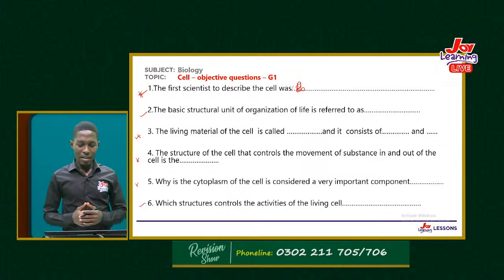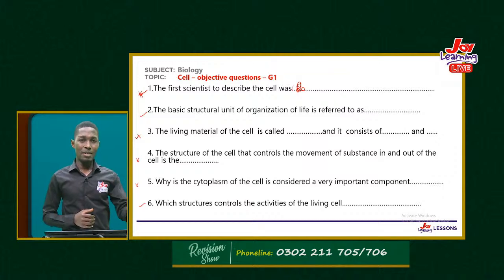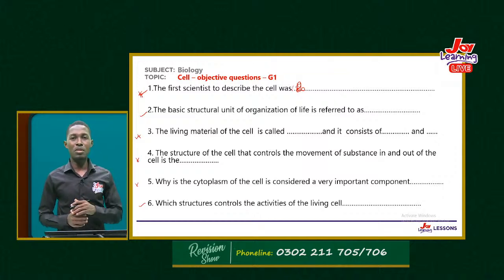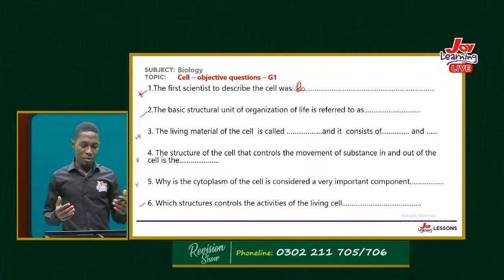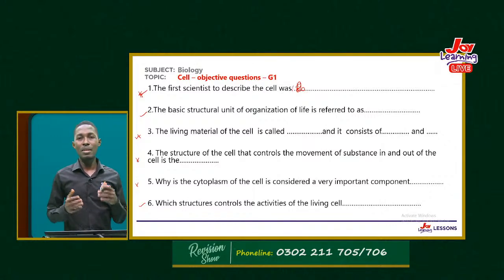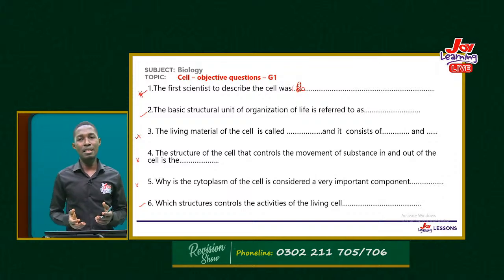The structure of the cell that controls movement of substance in and out of the cell is our cell membrane. And why is the cytoplasm of the cell considered very important? First, it houses most of the organelles, and all biochemical processes, metabolism, take place here.